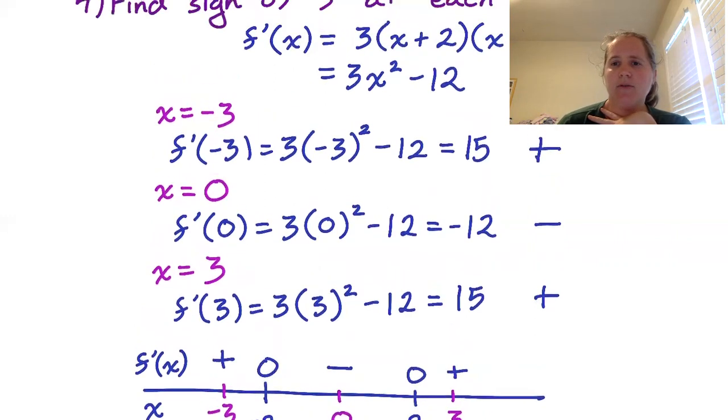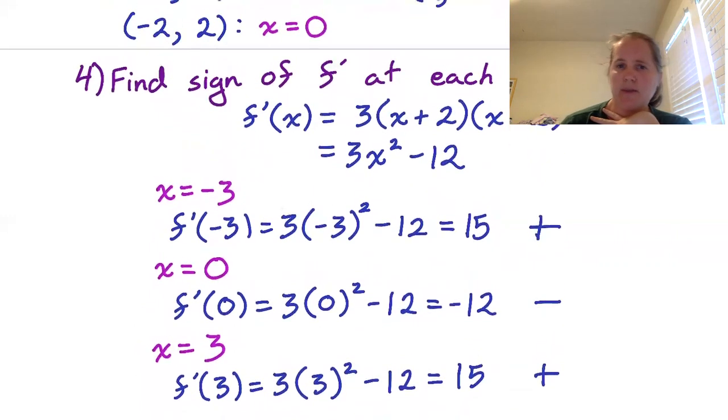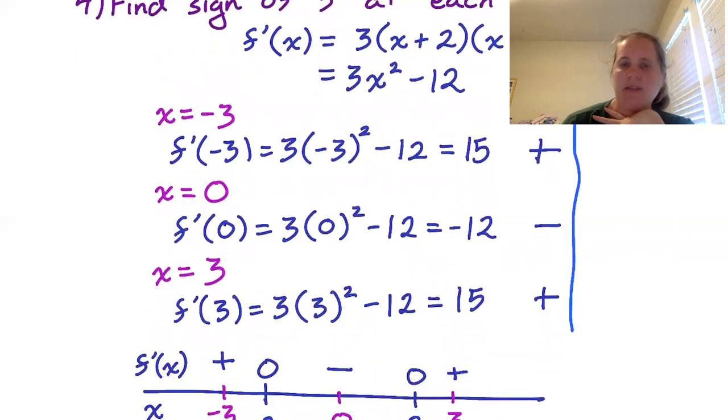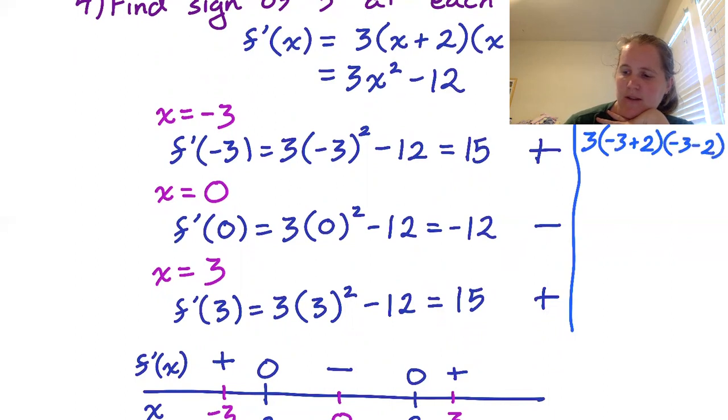The other format that I would take for these, option 2, we'll just do off to the side. For x equals negative 3, if we did 3 times (negative 3 plus 2) times (negative 3 minus 2), this is a positive times a negative times a negative, so we get a positive out.